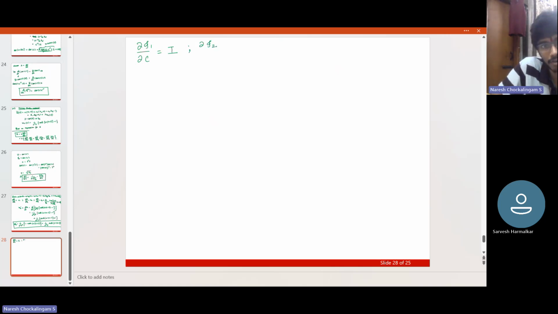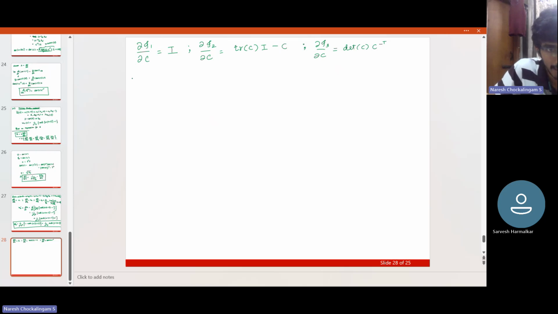Dou I2 with respect to dou C is, what did we get? Trace of C times I minus C. And dou I3 with respect to C is determinant of C times C inverse transpose. So this is what we got.